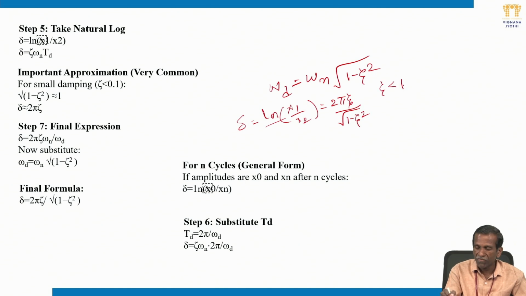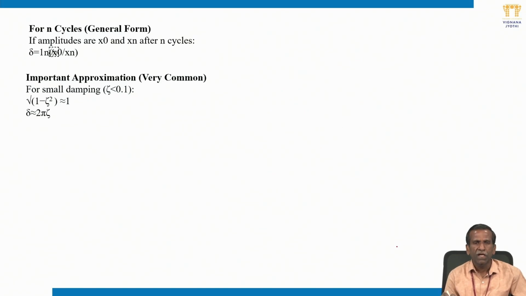If it is very small compared to 1, the zeta square term under the square root can be neglected, and you get 2 pi zeta.